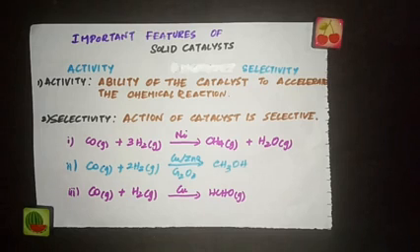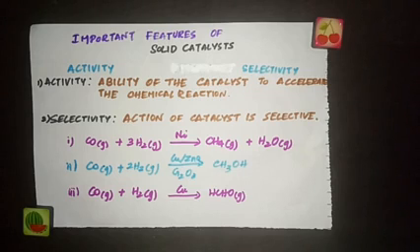So the solid catalyst has this feature of having the ability to catalyze the chemical reaction by accelerating it. Generally, the transition metals, which are D-block metals, act as heterogeneous catalysts. For hydrogenation reactions, which means adding of hydrogen, we have seen an example of vegetable oil being treated with hydrogen in the presence of nickel to give vanaspati, and that is an example of hydrogenation reaction.